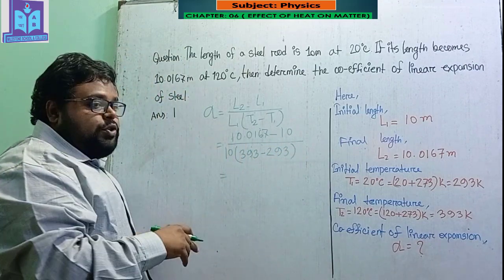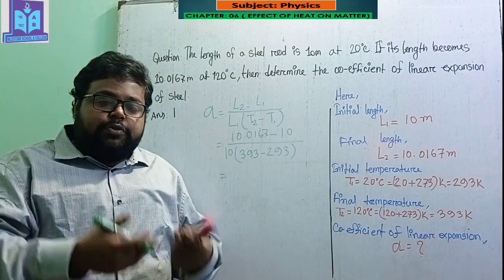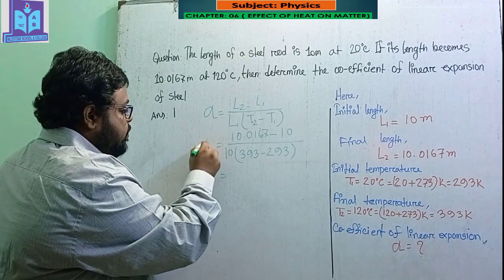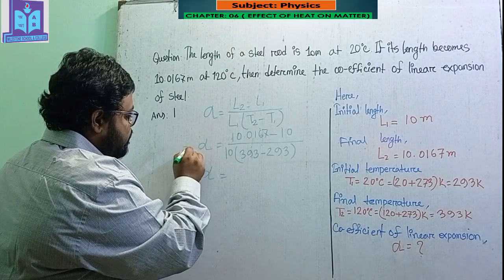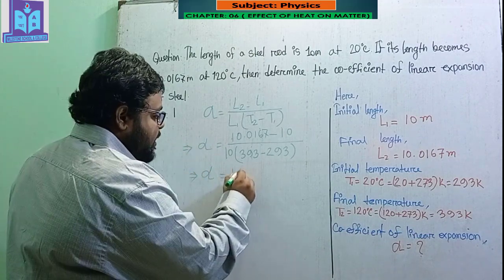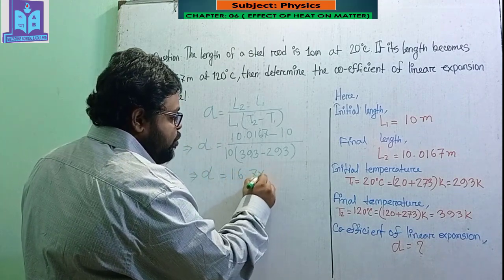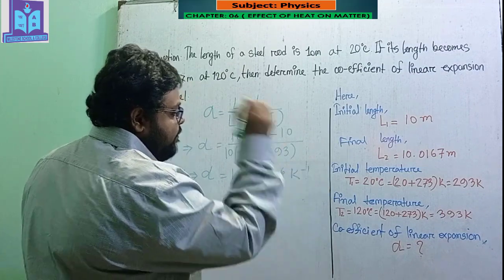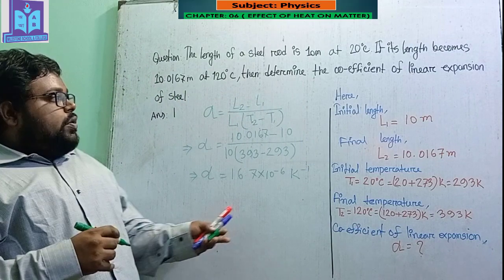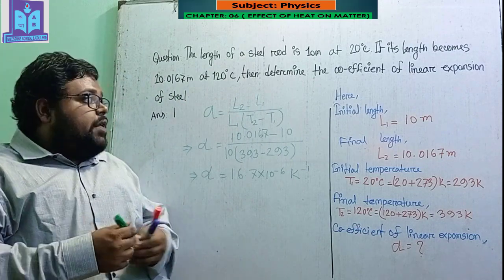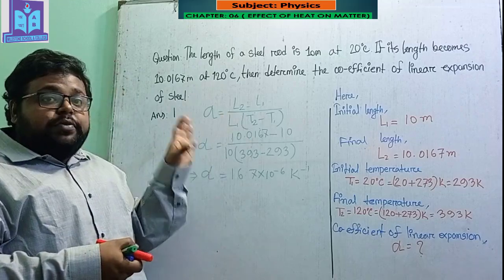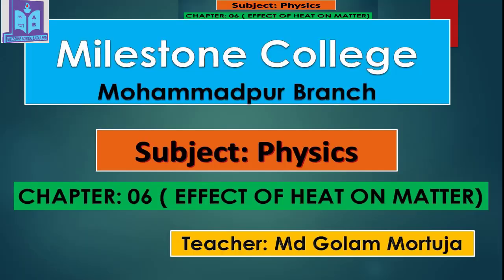If I put all of these values in my calculator, then I will get alpha equals 16.7 into 10 to the power minus 6 per Kelvin. So I hope you understand how we can find the coefficient of linear expansion by using all of these given values.